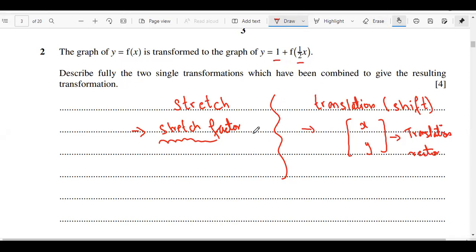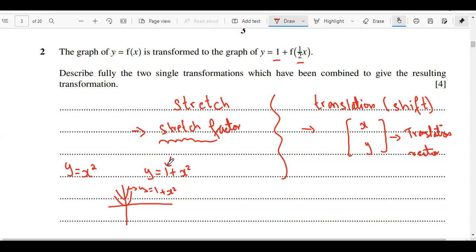We know that if we talk about the simplest case, y equals x squared and y equals 1 plus x squared, what is the difference in both these graphs? This is the graph for y equals x squared, and this graph is shifted when I make it for y equals 1 plus x squared.